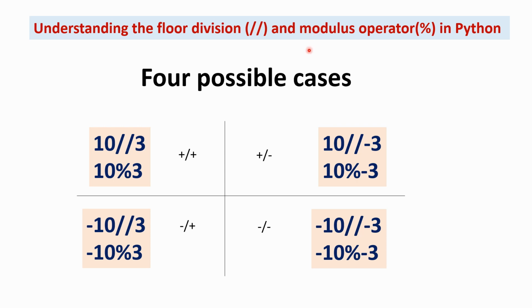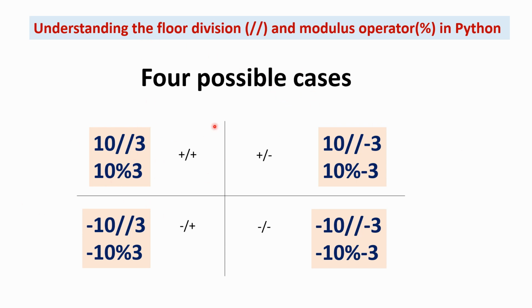But now we need to be very clear with the concept, because sometimes in Python it gives a value which becomes very difficult for you to digest at one shot. So to understand this in detail, you need to go through the video, though this is my main objective.